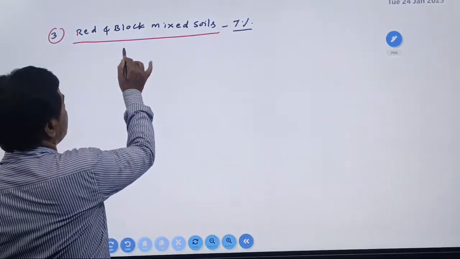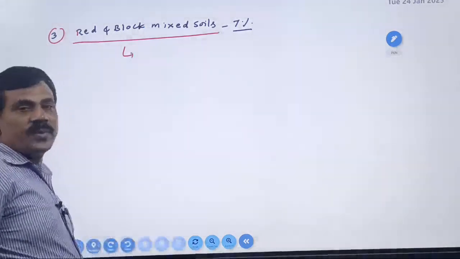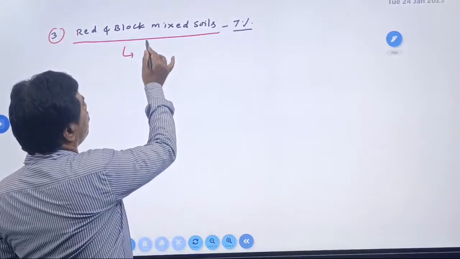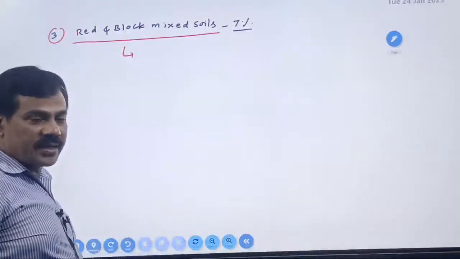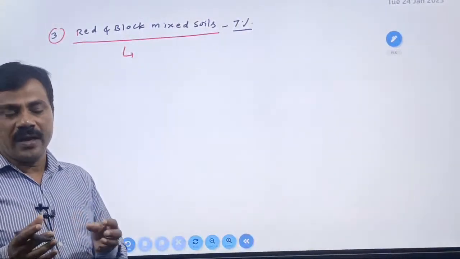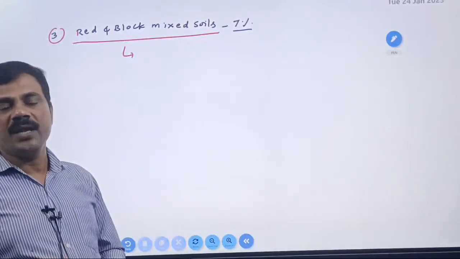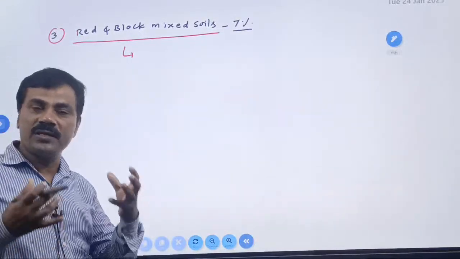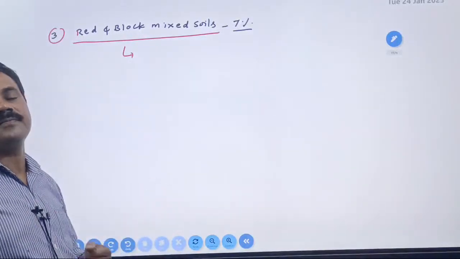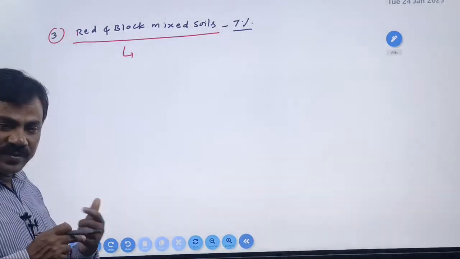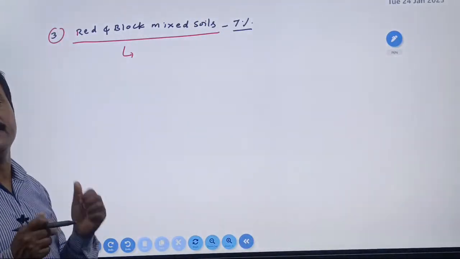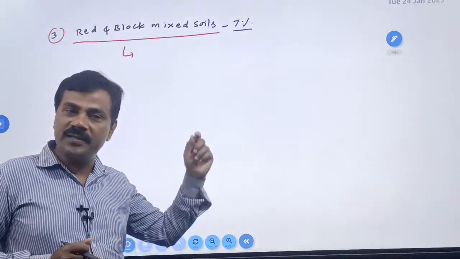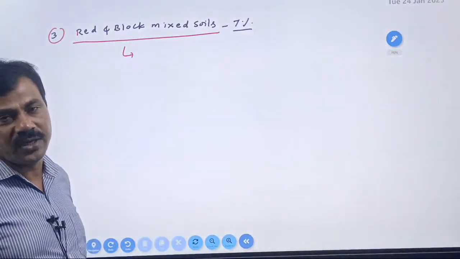This red and black mixed soil is maximum at the borderline where these two types of soils converge. The states that are under black and red soil.